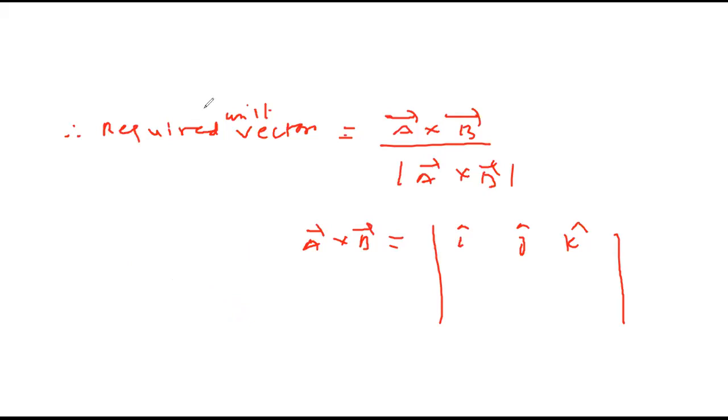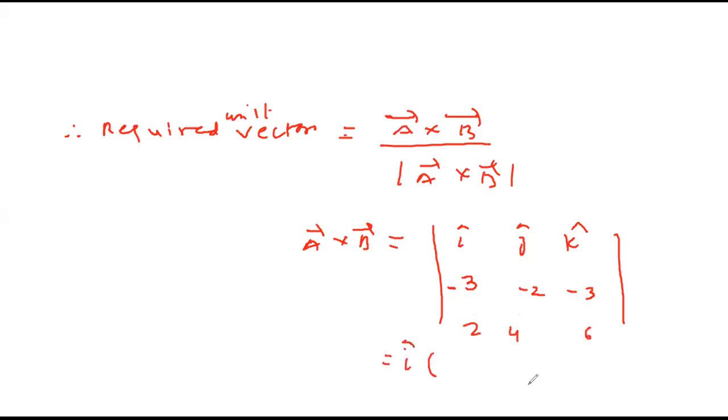Minus 3, minus 2, minus 3. And b is 2, 4, 6.